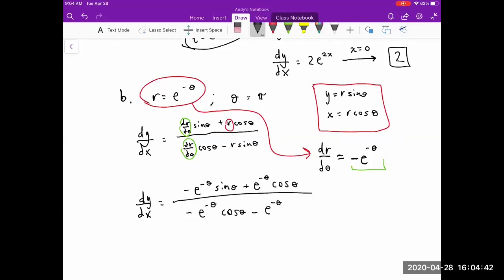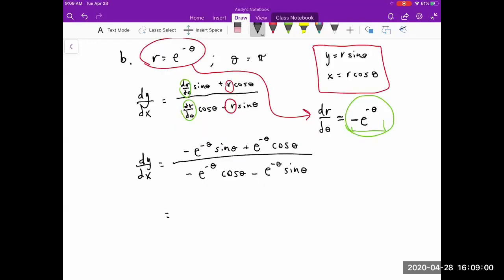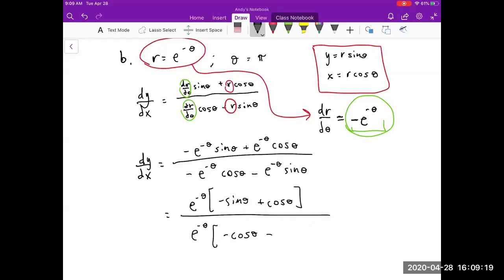Again, r is e to the negative theta, times sine of theta. You could just plug in theta equals pi right away, but if you pull out e to the negative theta on top, you have negative sine plus cosine left over. If you pull out e to the negative theta on the bottom, you have negative cosine theta minus sine theta left over, right? Then you can cancel these out.